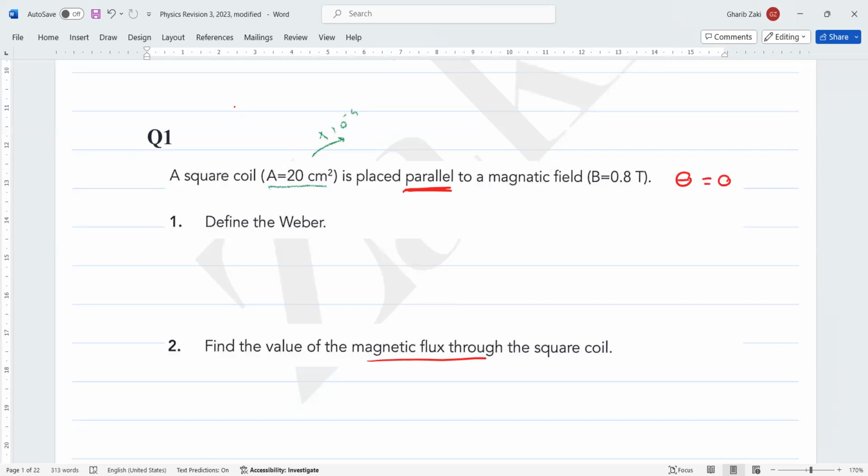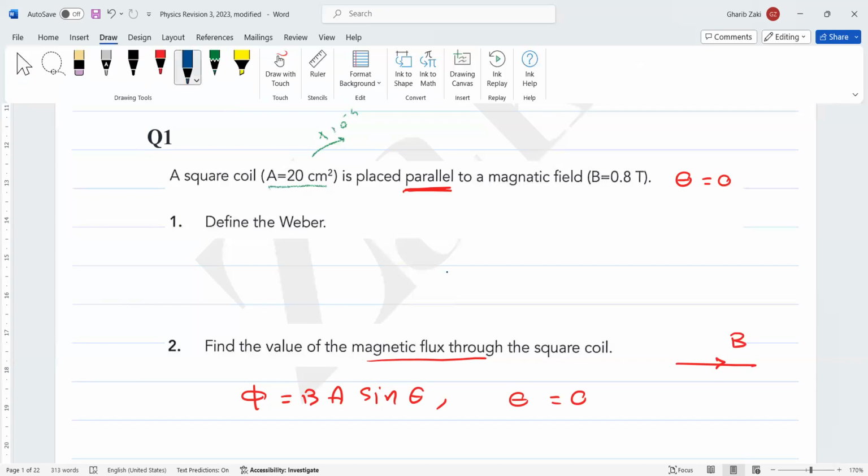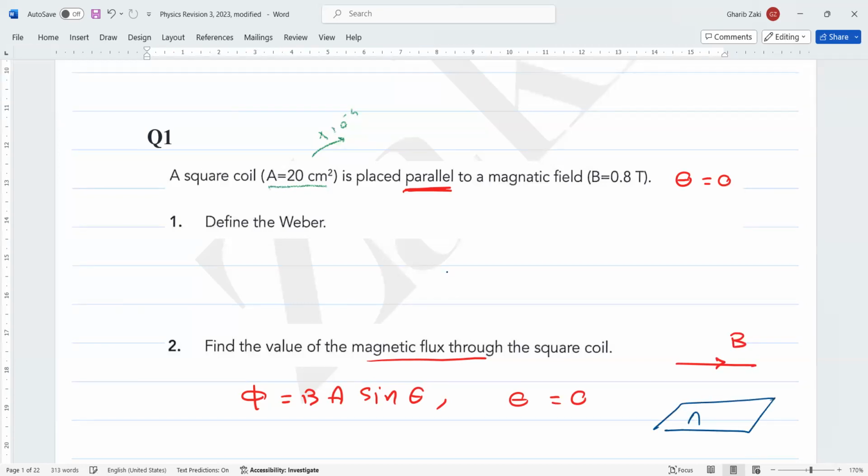And we know that the magnetic flux phi equals BA sine theta. When the magnetic field is parallel to the area, theta is the angle between the magnetic field and the area, so theta equals 0. Then sine 0 equals 0, so phi equals 0.